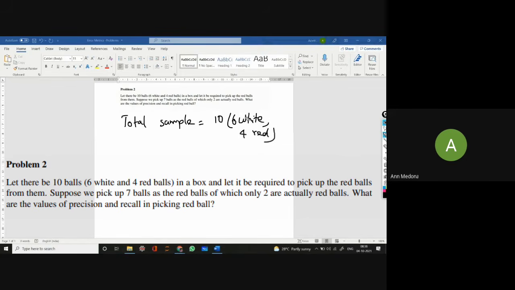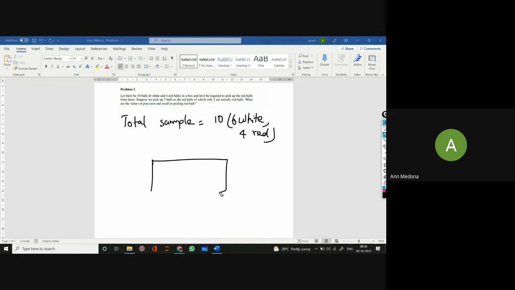If you get white as the output, it will be considered as no. So two possibilities, again a binary classification task. You can write actual red as the yes, actual white as the no. Similarly, you can write predicted red, predicted white.